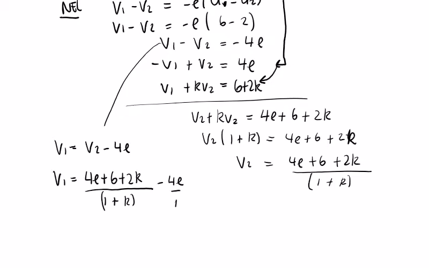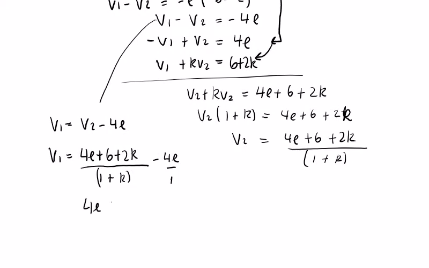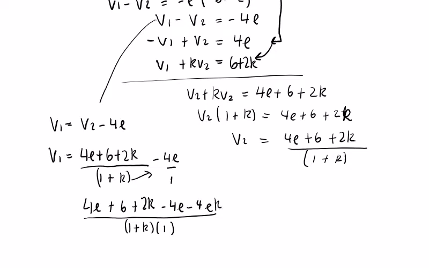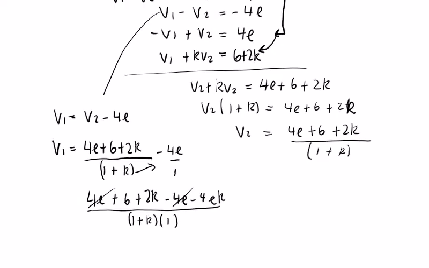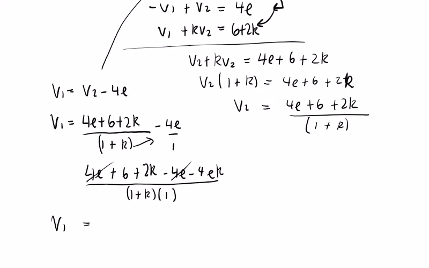If we put that over 1 and combine the fractions, we get 4e plus 6 plus 2k all over 1 plus k, minus 4e times 1 plus k, so minus 4e minus 4ek. And these 4e's are going to cancel. We're left with v1 being 6 plus 2k minus 4ek over k plus 1. So that's my v1 and v2.